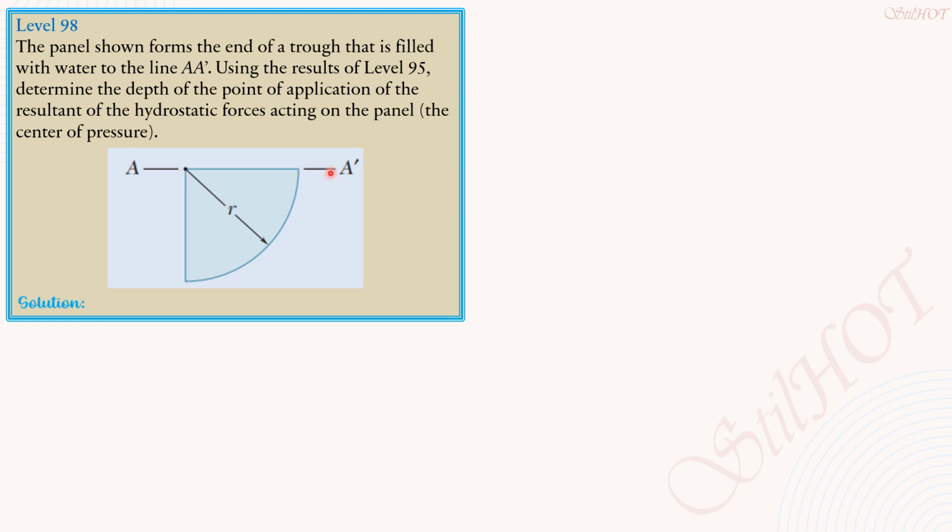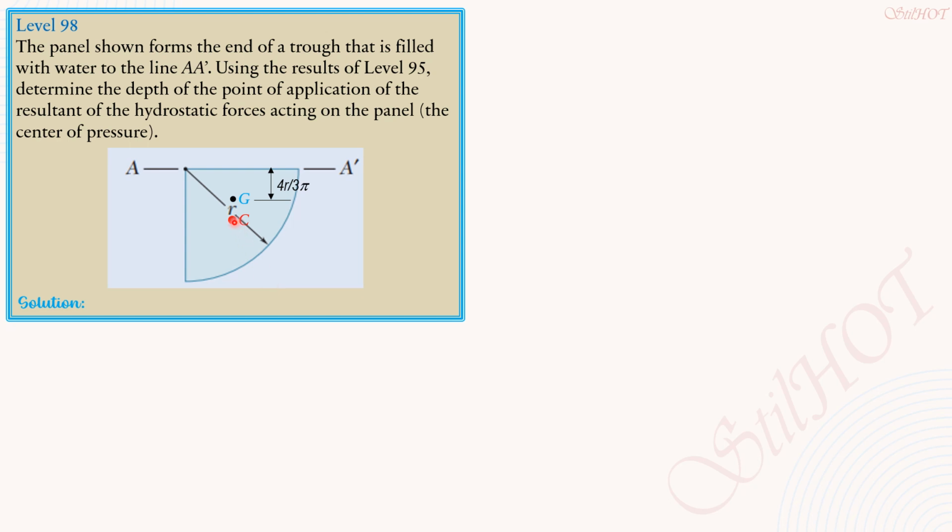And for our solution, let's locate the centroid first, which is 4r over 3π from the axis AA', and the center of pressure C, which is not directly below G, not directly along the vertical line through G. It may be rightward or leftward, so I think it's a little bit rightward.